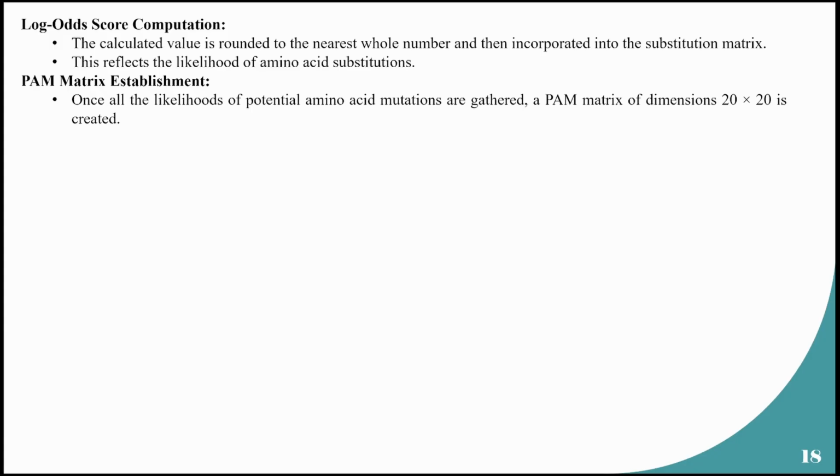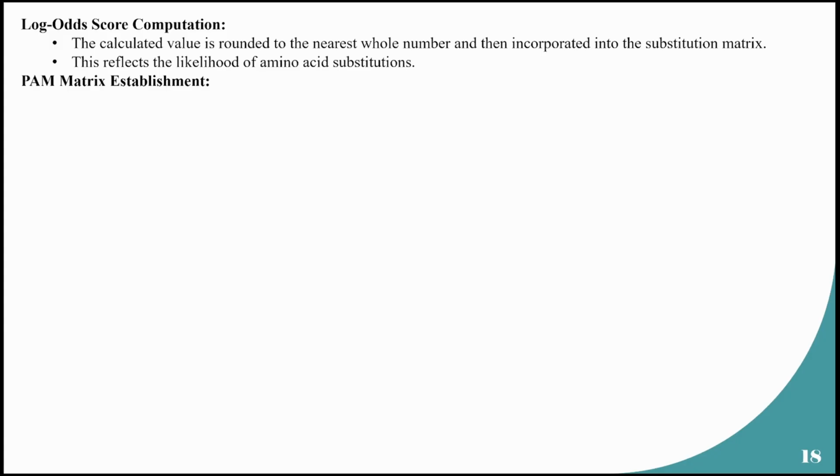Okay. So of course, if you ask what is the size of the PAM matrix, what answer would that be? The size of a PAM matrix, because it's a matrix, right?